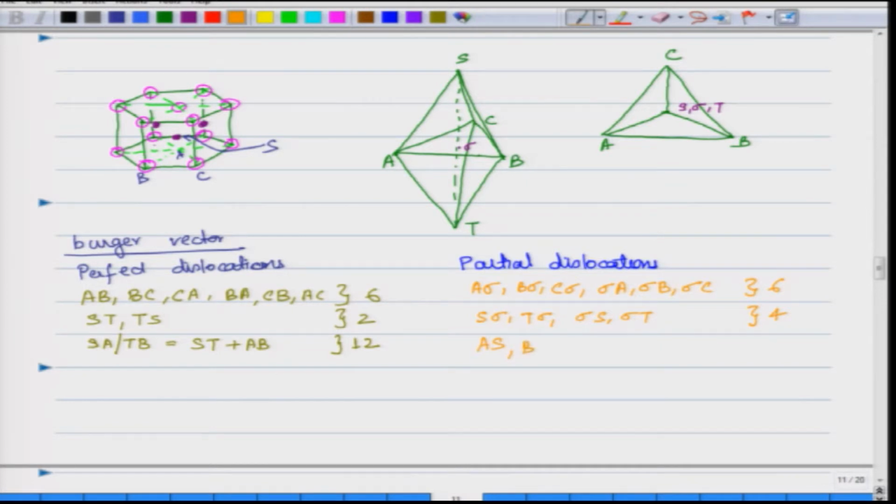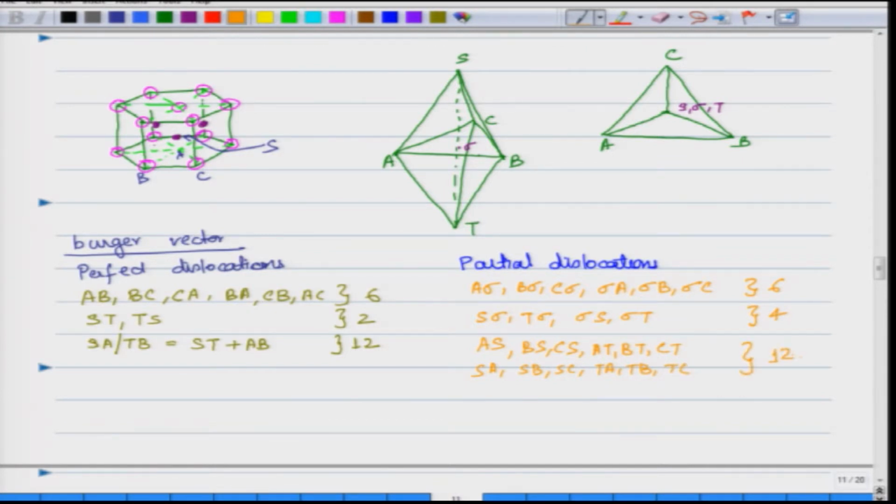AS, BS, CS, then AT, BT, CT, and the negatives. So, it will become SA, SB, SC, TA, TB, TC. So, these are 12 Burgers vectors.